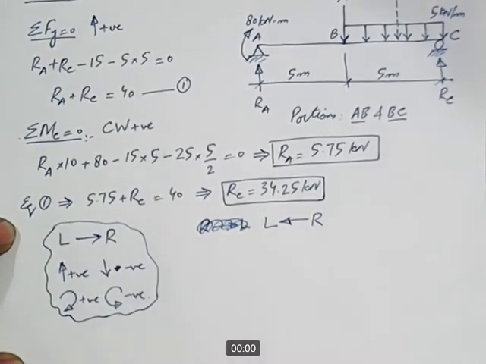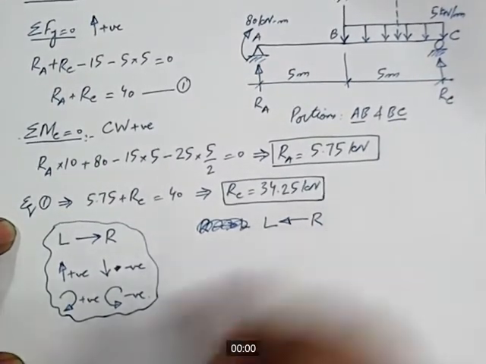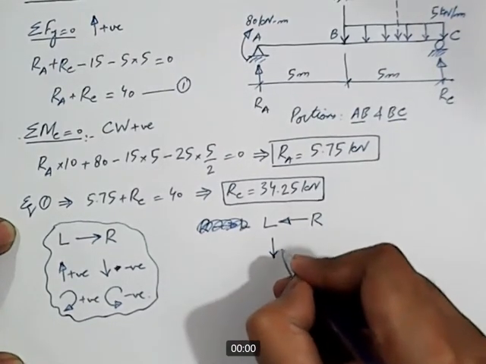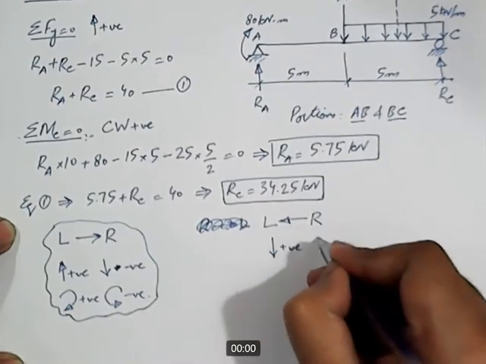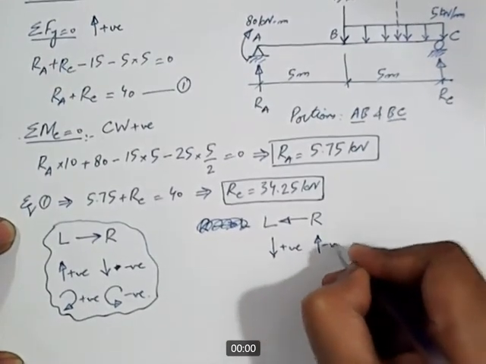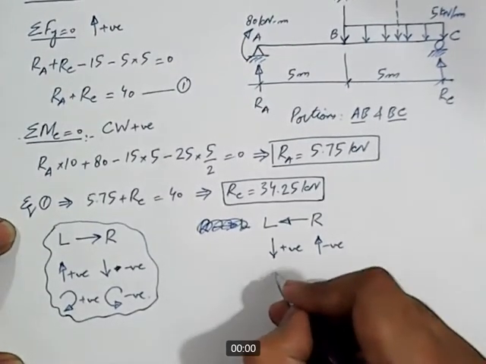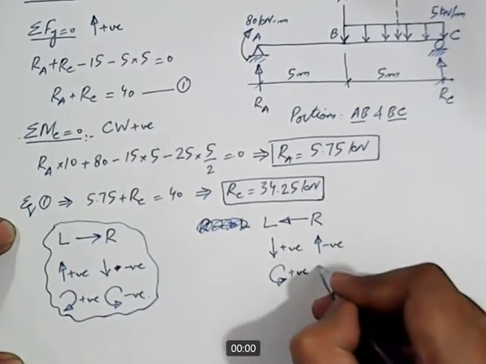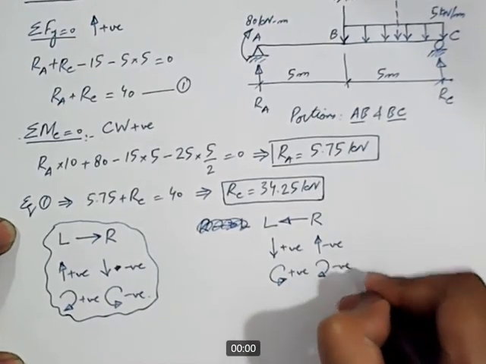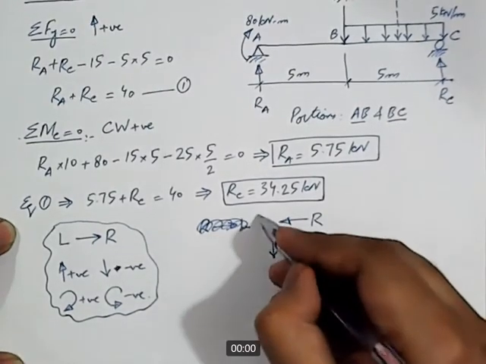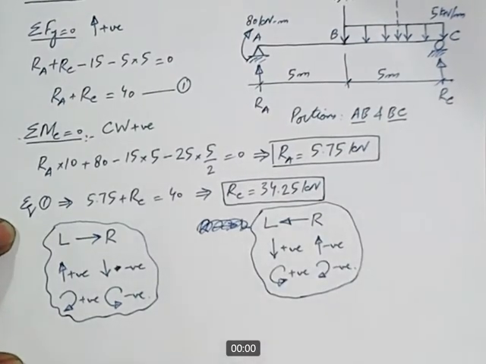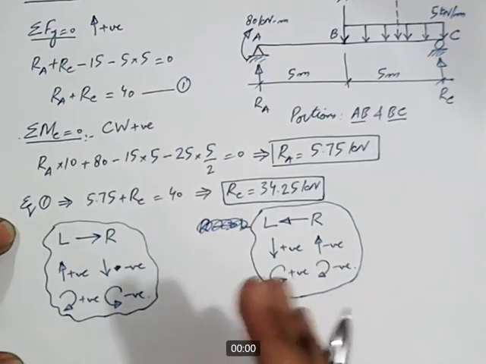If we are moving in this direction, in that case, we will have to take all the downward forces as positive and upward forces as negative, and we will have to take all the counterclockwise moments as positive and clockwise moments as negative. This is the convention that we follow when we write down the equations of shear force and bending moment diagram starting from right side to the left side.